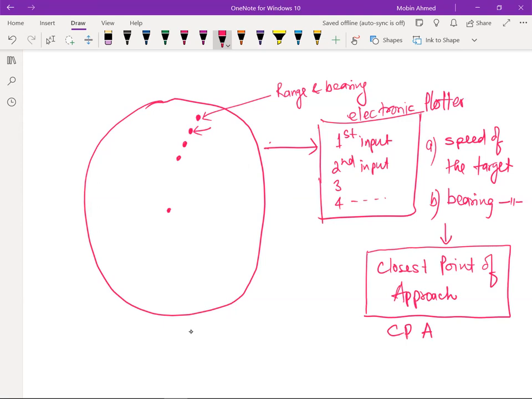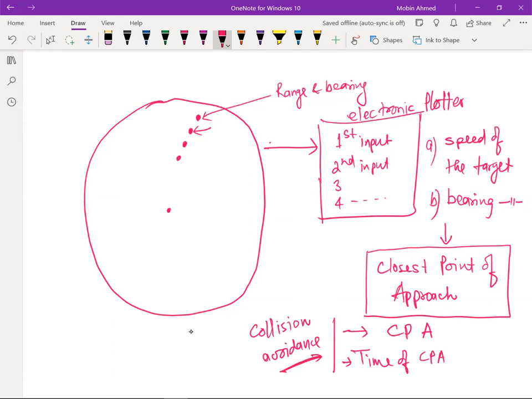And how much time it is going to take, that is known as a time of CPA. These two things are very, very important to have the collision avoidance.